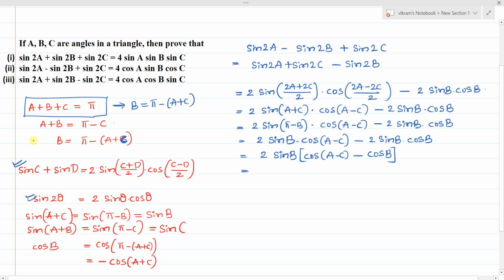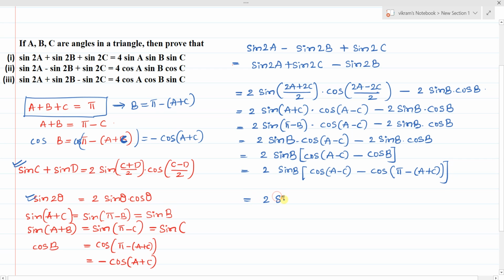Now if we apply cos over here, cos of (pi minus theta) is minus cos theta, so it is minus of cos of (A plus C). I am simplifying the step over here: I can write cos B as cos of 180 minus of (A plus C).